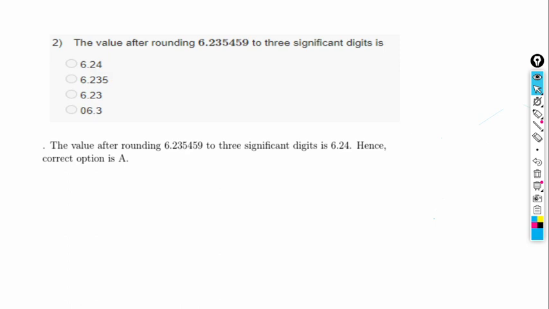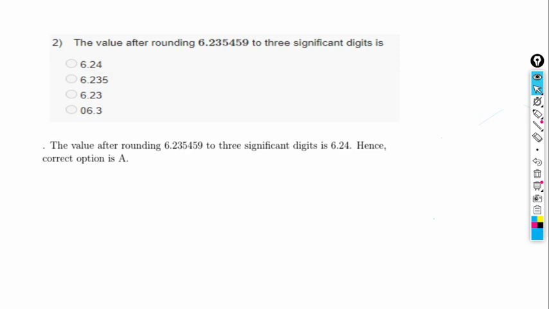So exact value is given 3.141 and approximated value is also given 3.14. So find relative error. You might be knowing the formula for relative error.